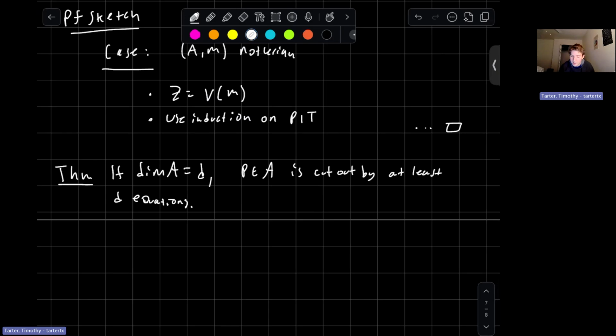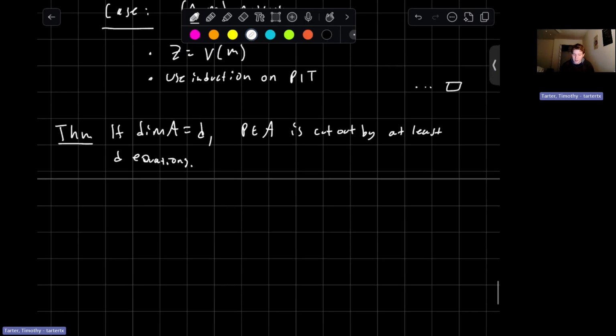And so then these D elements of A are a system of parameters. So these polynomials are a system of parameters.